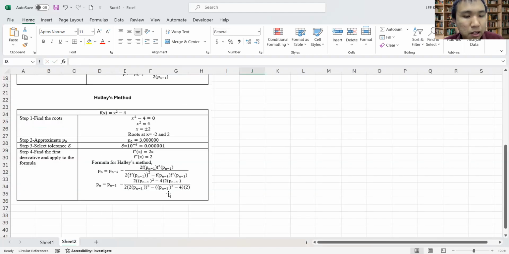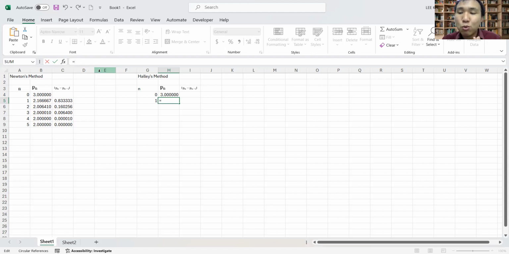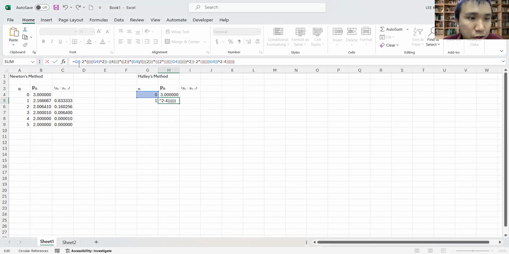It's the same. We type this formula into the Excel. As I have mentioned, we need to be considerate of all the brackets, because they more or less affect the equations. And then we put equals, and this is the equation. As we see, the brackets are a bit different from what we get in the calculator.